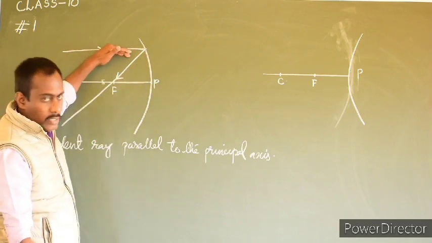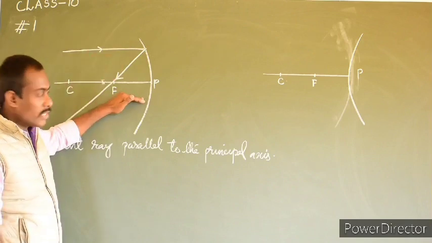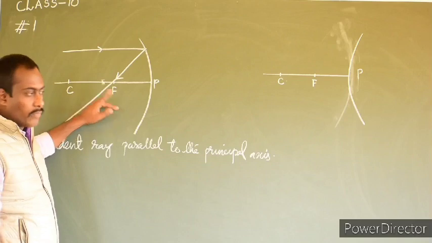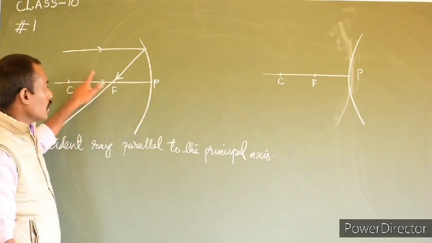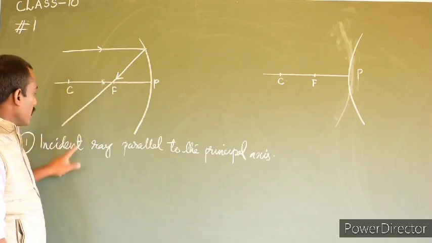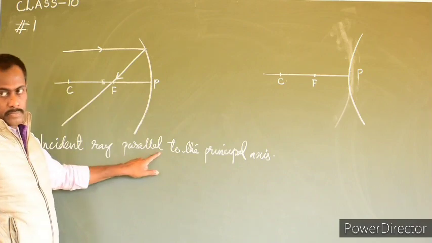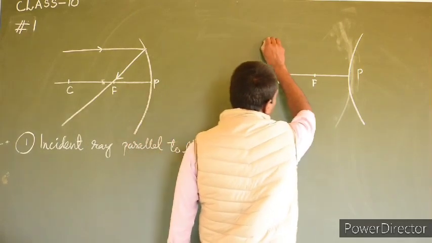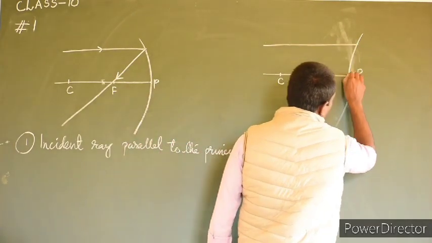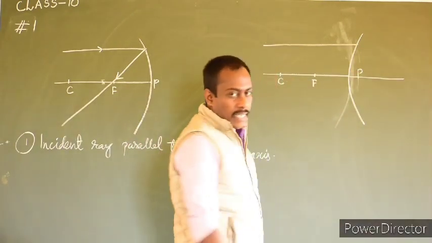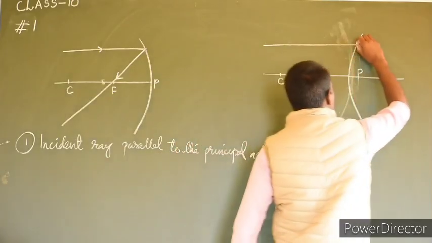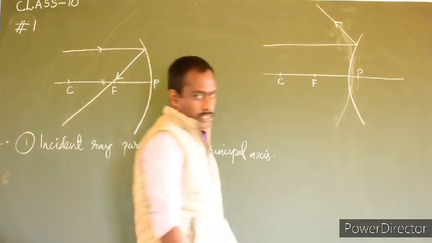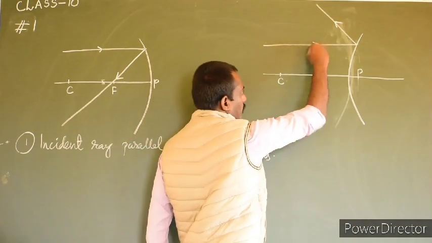Any number of rays of light which are parallel to the principal axis will always reflect back through the principal focus, and that is the first ray we are going to consider. And what about a convex mirror and a ray of light which is parallel to the principal axis? Since it is a diverging mirror, this ray reflects and diverges from the mirror.